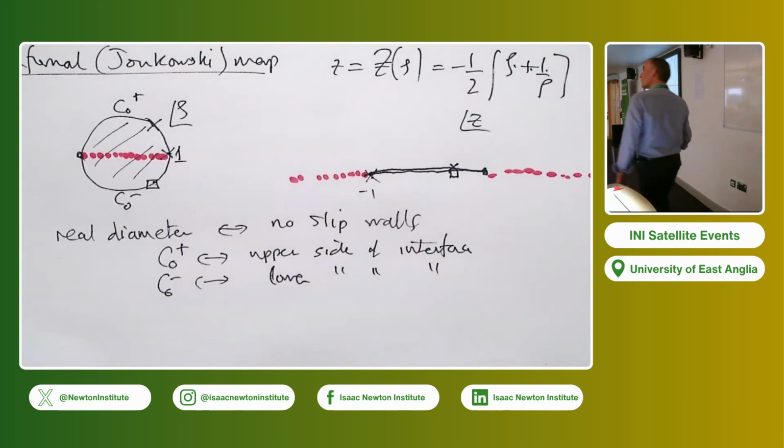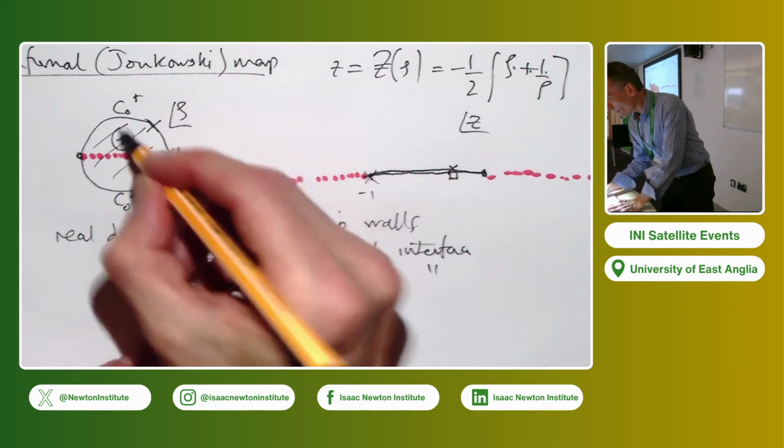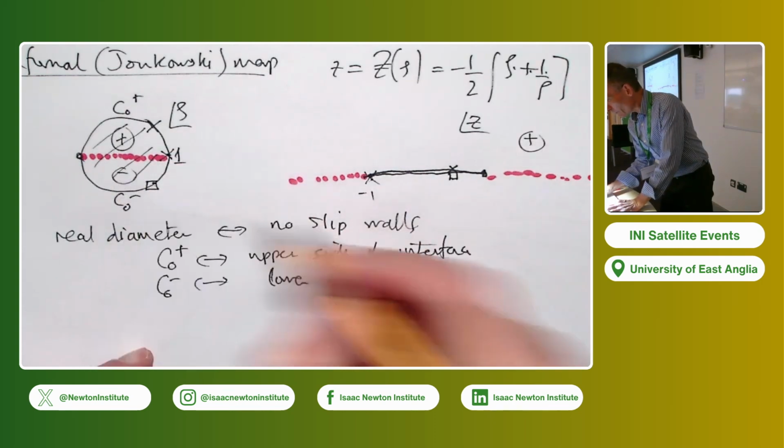It's not just about Joukowsky airfoils. That's one thing you can do, and you did that a long time ago, but it's still useful, even for us. So this region, the upper half disk, is going to be my plus phase, and this one's going to be my minus phase.